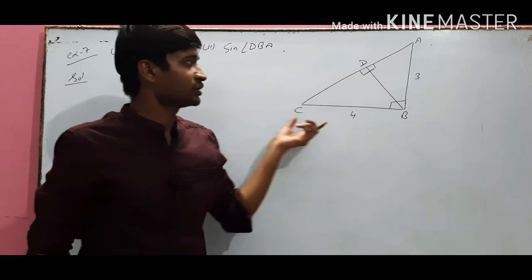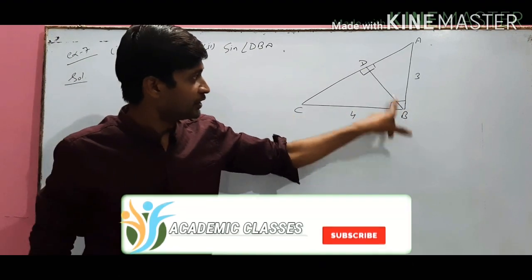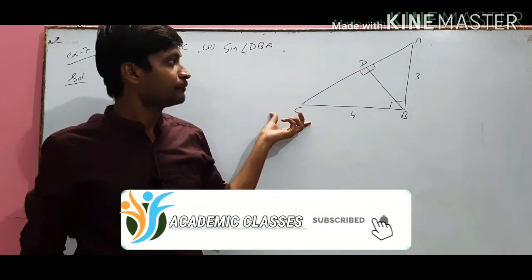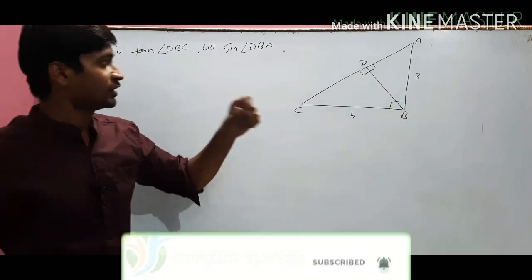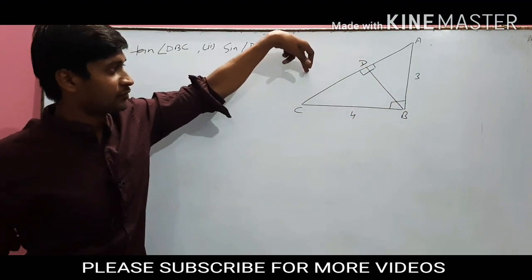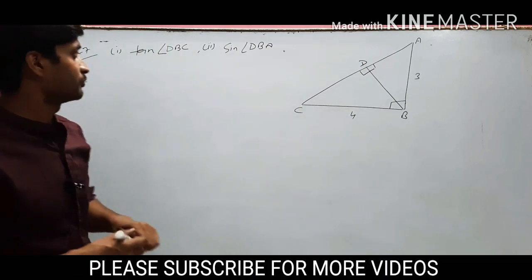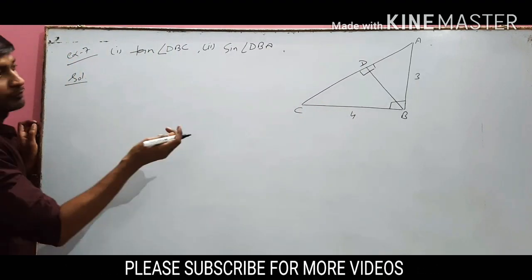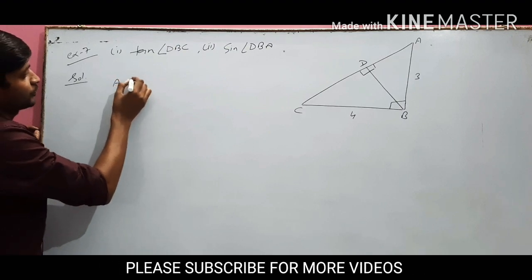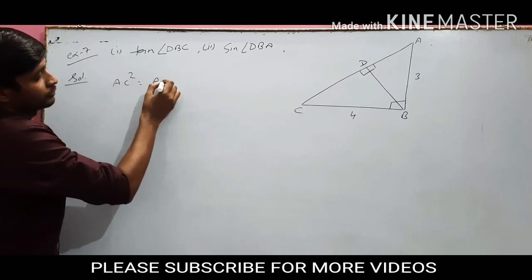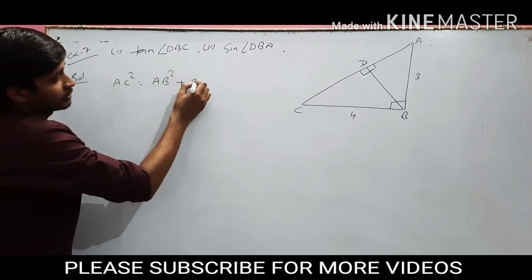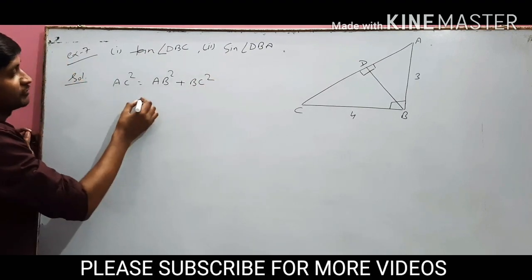So, ABC is a right angle triangle. BD is perpendicular to AC, right? So first we have to calculate this AC, the longest one. This is perpendicular, base, and AC we have to calculate by using Pythagoras theorem. So AC square is equal to AB square plus BC square. AC we don't know.